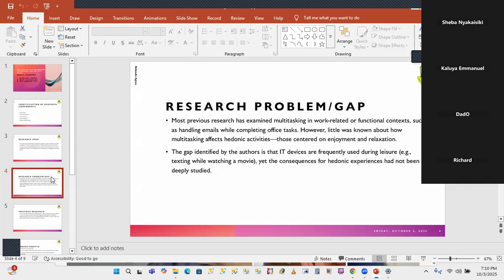The gap identified by the authors is that IT devices are frequently used during leisure, for example texting while watching a movie, yet the consequences for hedonic experiences have not been deeply studied. Hedonic experience relates to activities that affect the leisure or free time of someone.